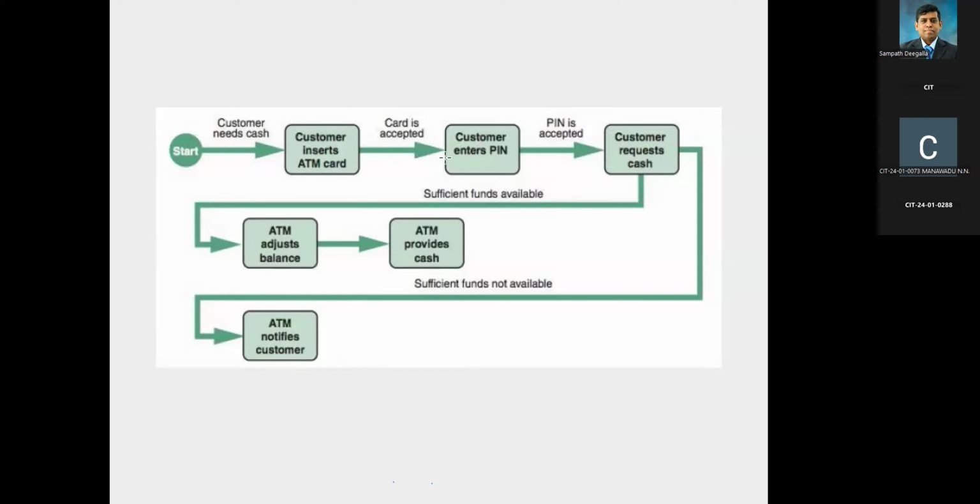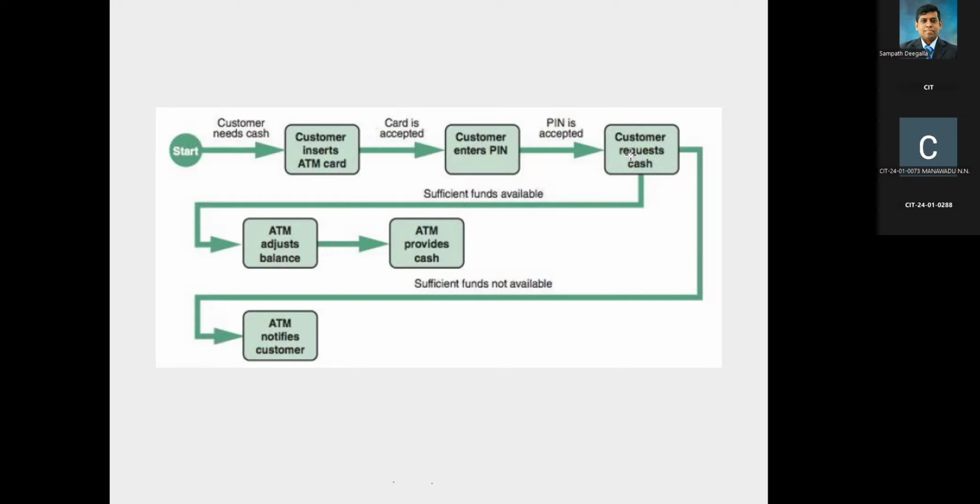Then you need to wait until the card is accepted, and then you have to enter the PIN, the next activity. If the PIN is accepted, the customer requests cash. So notice here, there are two paths, because if you have enough funds, then the ATM will adjust the balance based on the amount you have requested, and it will provide the cash.